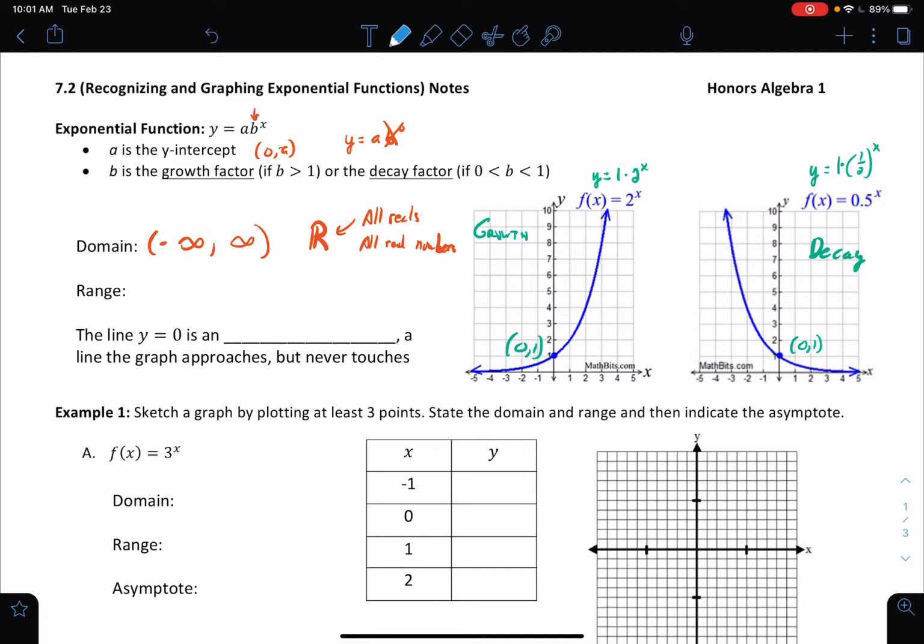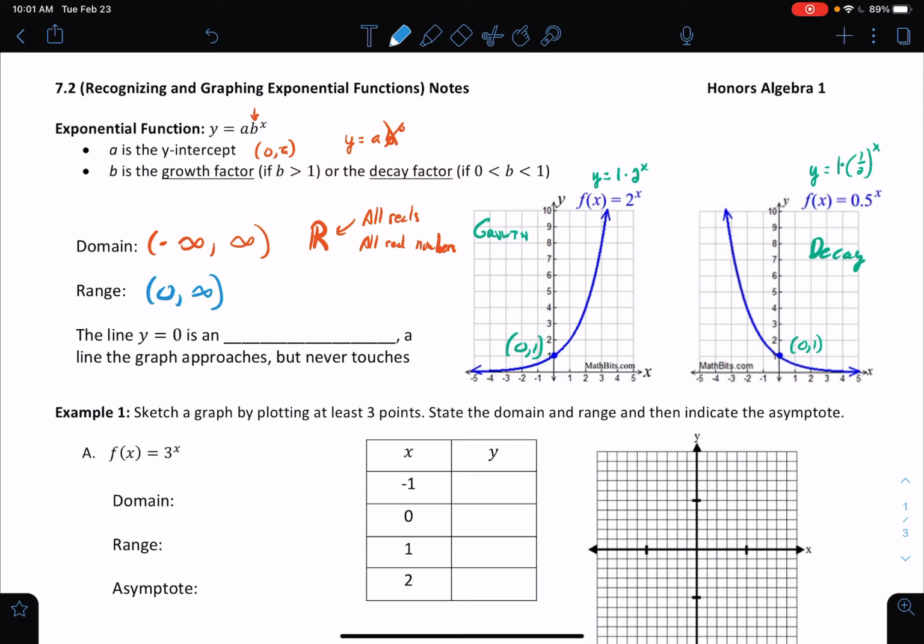For decay, it starts really high and then gets closer and closer to 0. But it never touches 0. It never crosses 0. So the range is going to be 0 to infinity. The lowest possible output you can get is really, really close to 0, but it does not include 0, hence why we have a parenthesis there.